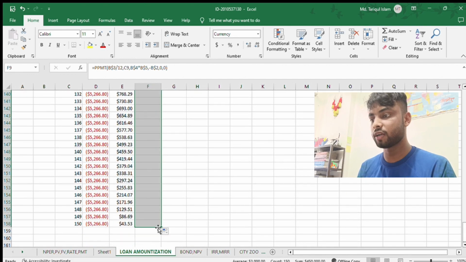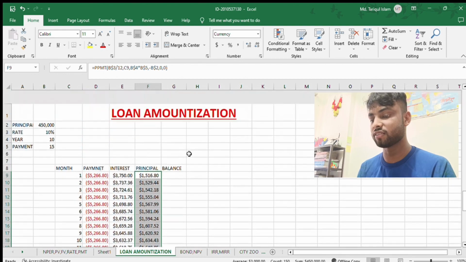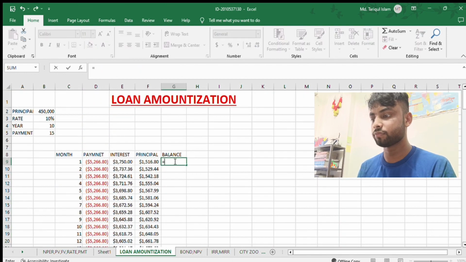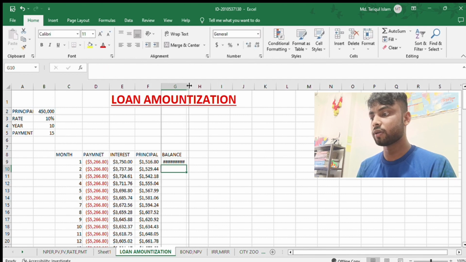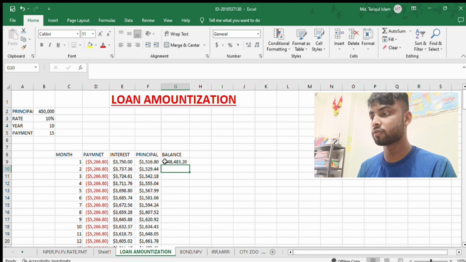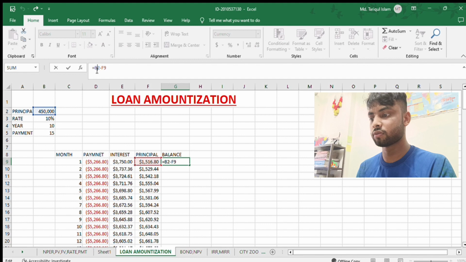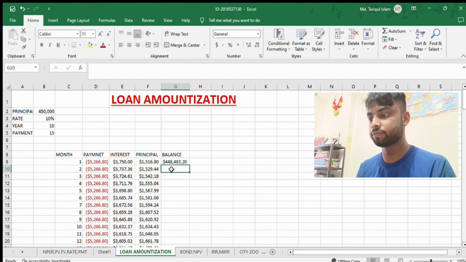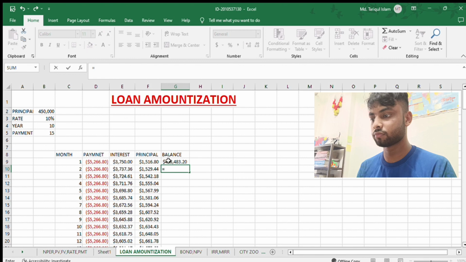Okay. At last I calculate balance. For this, insert equal and principal amount minus principal and enter. Okay, then I freeze it and then equal, equal minus.